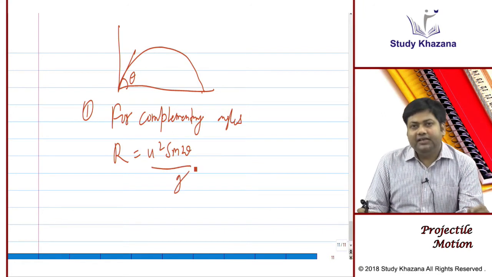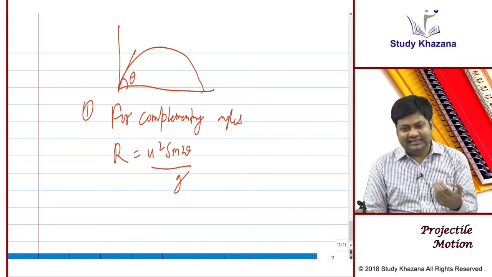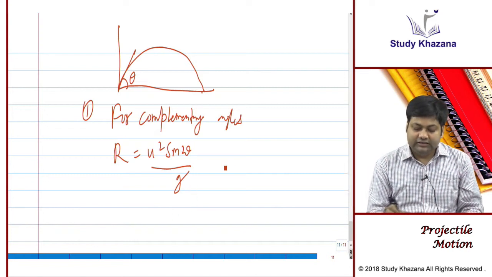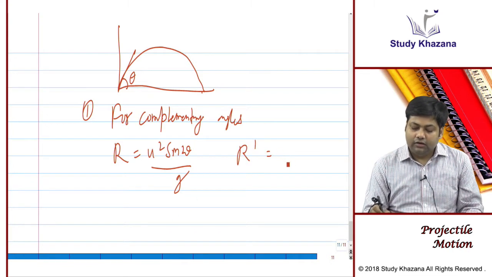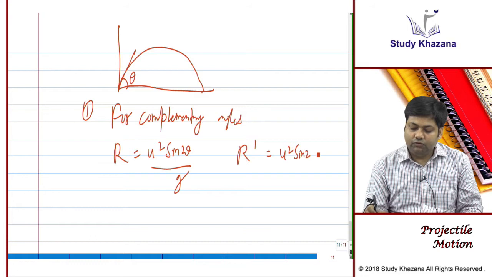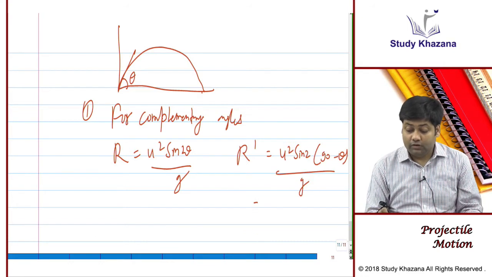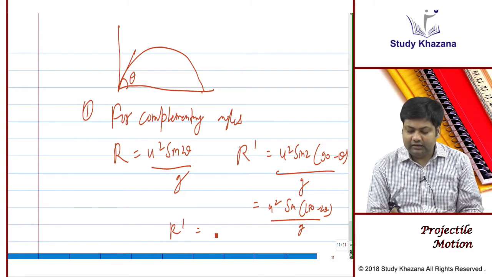Now if the body is projected with a 90 minus theta angle, we'll see r dash equal to u squared sine 2 times 90 minus theta upon g. So it becomes u squared sine 180 minus 2 theta. Those who are familiar with mathematics can easily understand that sine 180 minus theta is actually sine theta.